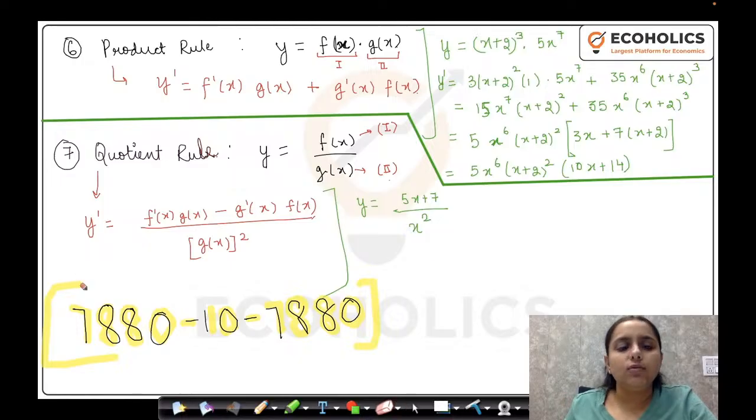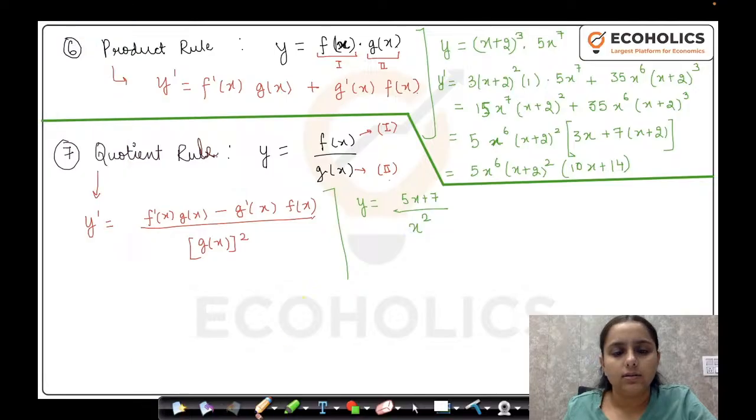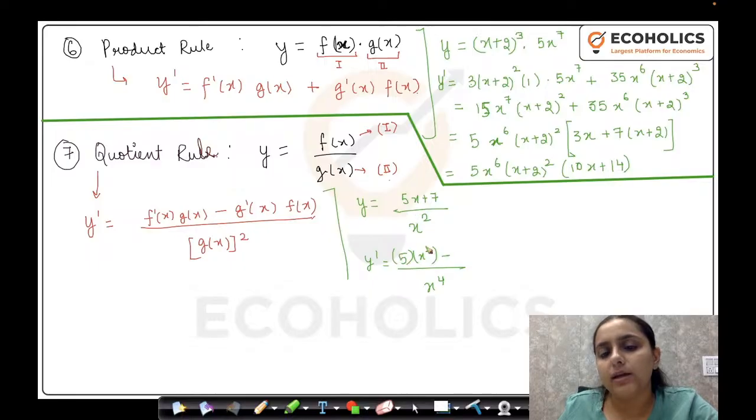So let's see what is the correct answer which I asked you. Correct देखते हैं सबसे पहले. So derivative will be x raised to the power 4, 5x plus 7 का derivative 5, x square as it is minus x square का derivative is 2x and then 5x plus 7 as it is.